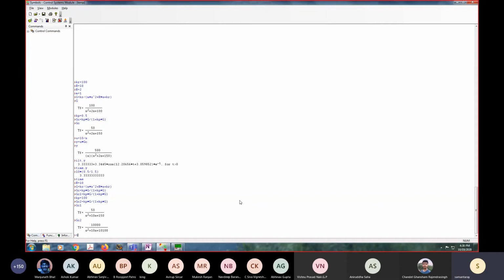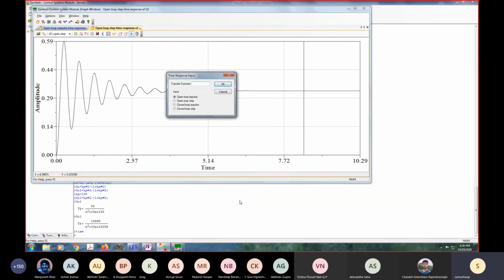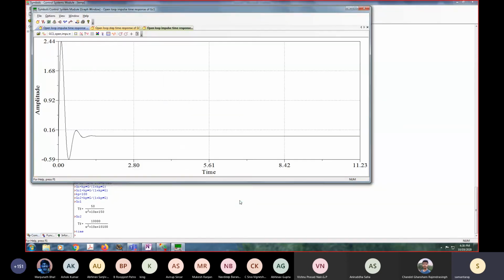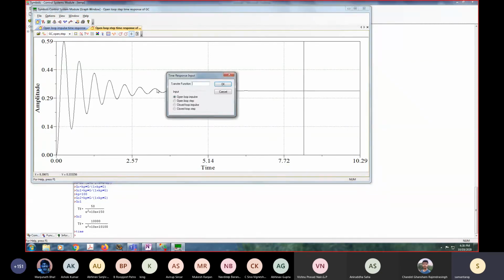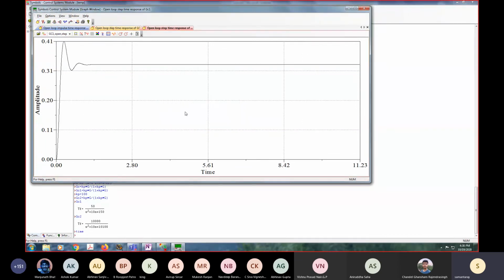So now I take the time response of unit step. I am not taking reference velocity as 10. I am taking it as 1. Time response of GC1, open loop. So GC1 goes here. Damping is increased. I have increased damping to 10.